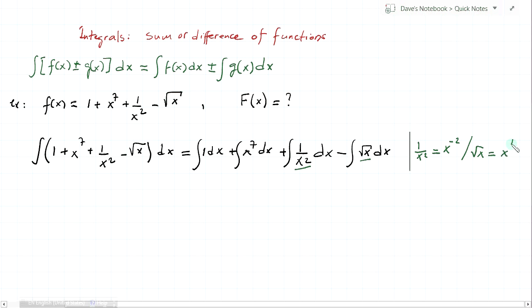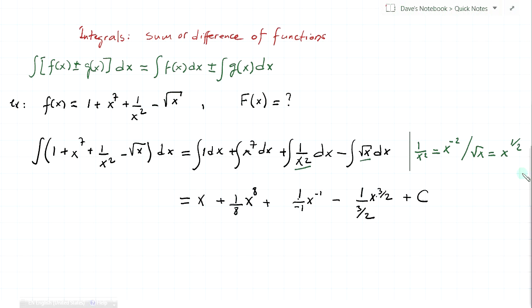So we can change the root into a power. It makes it easier to integrate, because quotients are a whole other topic that we're going to do later on. Using powers in this section is really available, and that's what we're going to do.